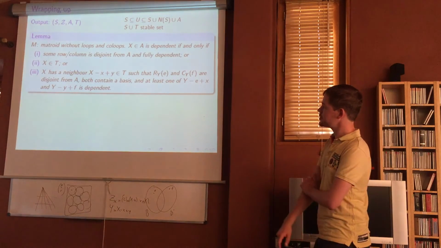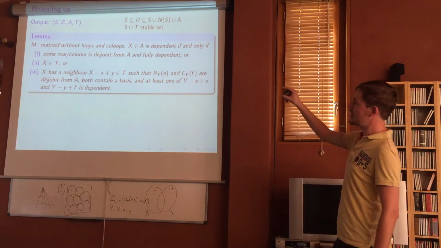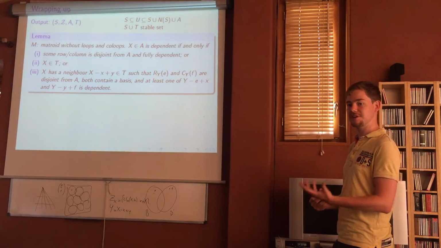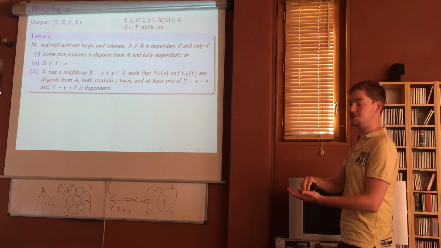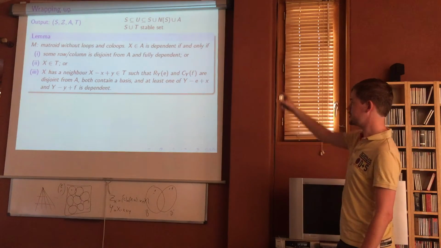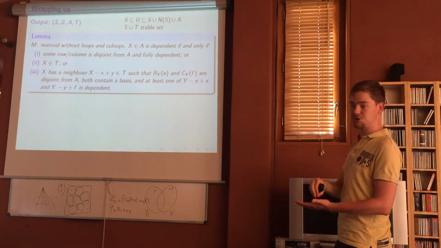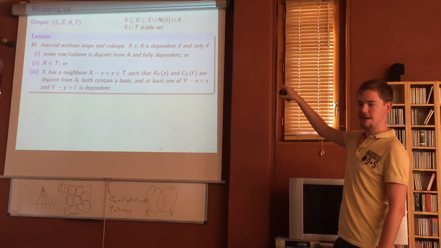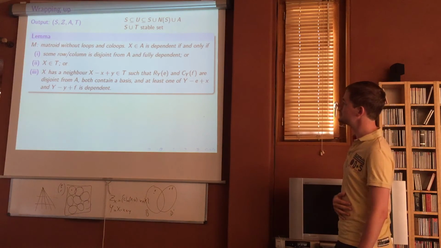Okay, so let's wrap this up quickly. Our output is now S, Z, the set of available vertices A, and the maximum stable set T that we chose. There's still inclusions, and it's easy to show that the union of S and T is a stable set. And then there's the technical lemma that covers the three different cases that we've seen.